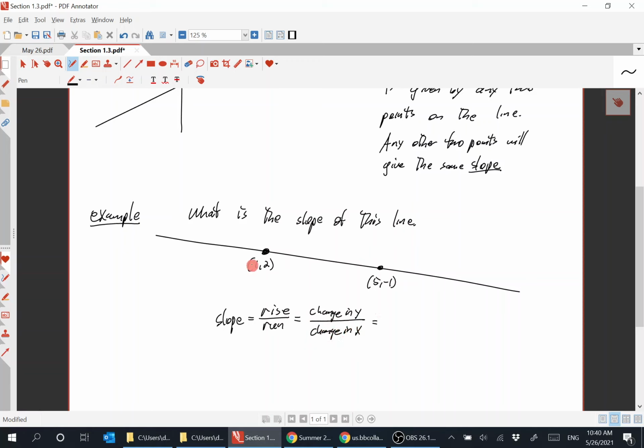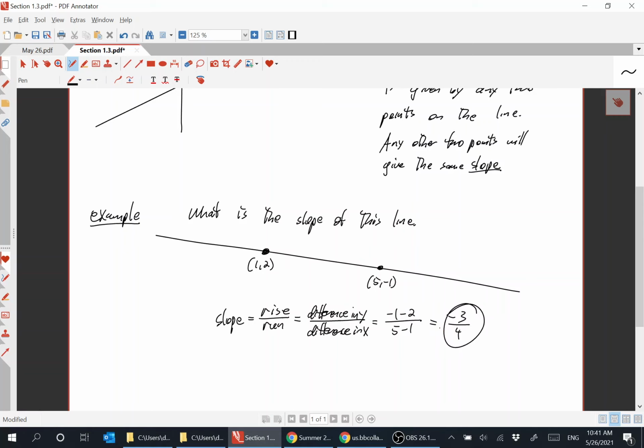So I will do right minus left. Let's say difference in y over the difference in x. Rise over run. So minus 1, minus 2, and then 5 minus 1. So this slope is minus 3 over 4.